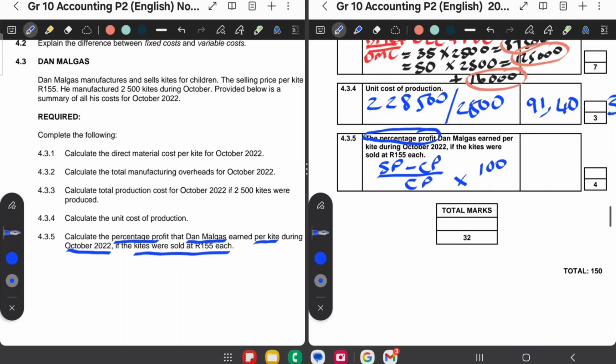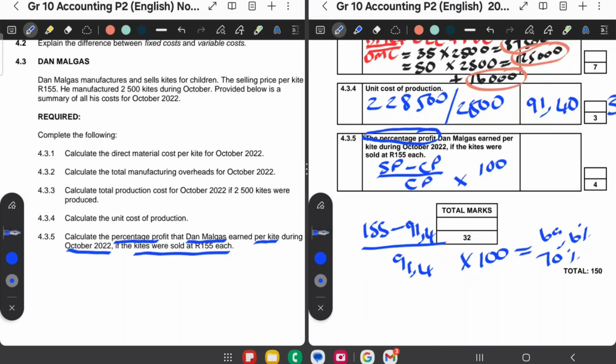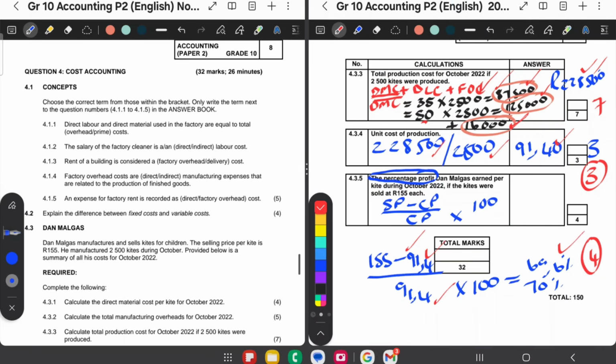Okay, so let's go. The selling price is 155. The cost price per unit is this over here. So this is cost of production. So that's our cost price, 91.40, over the cost price again, times 100, and the answer here is 69.6%, or you can round it off to 70%. And there we are done with this question.